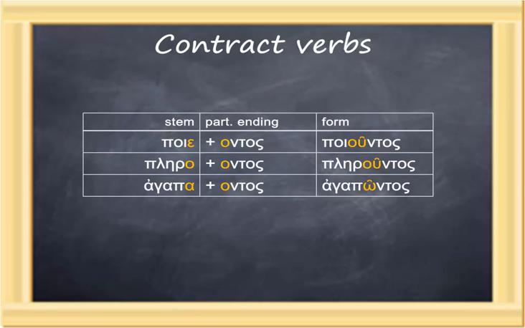As one would expect with contract verbs, the contract vowel at the end of the stem contracts with the leading vowel of the participial complex, and so poie plus ontos becomes poiountos, or plēro plus ontos becomes plērountos, and agapa plus ontos becomes agapōntos. These are standard contractions that you've learned before.